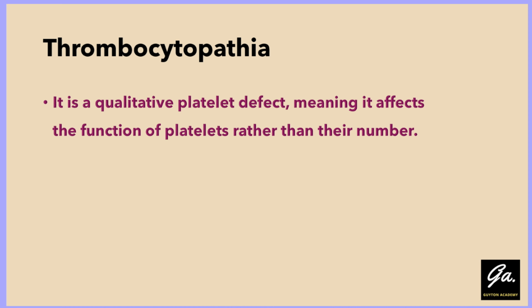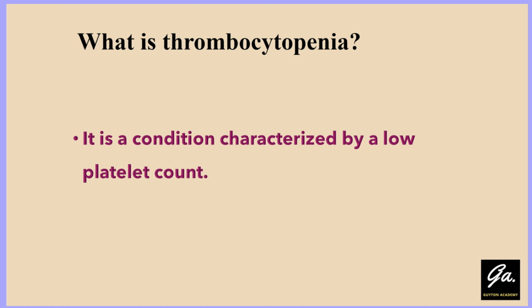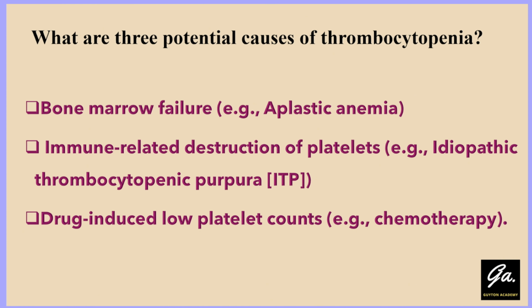Thrombocytopenia. This is the qualitative platelet defect, meaning it affects the function of the platelet rather than the number. However, what is thrombocytopenia? It is the condition characterized by low platelet count. What are three potential causes of thrombocytopenia?